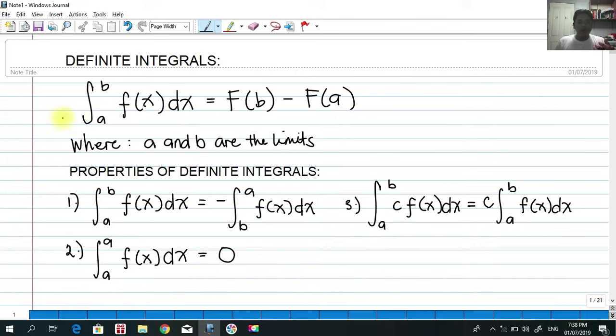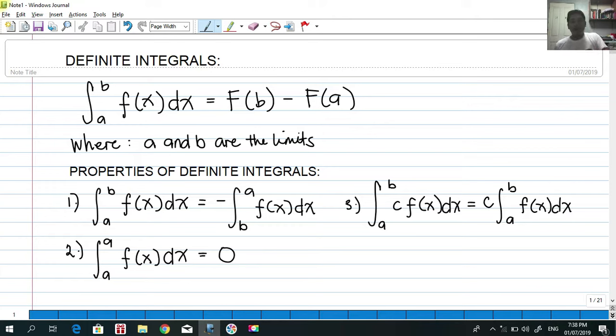In order for us to read this, it is read as the integral of f of x dx evaluated from A to B. This A and B can be any number, any constants. So definite integrals always result in a constant.